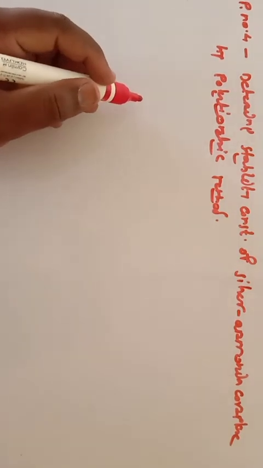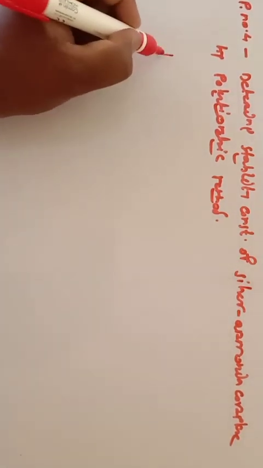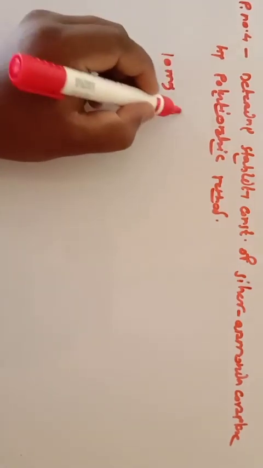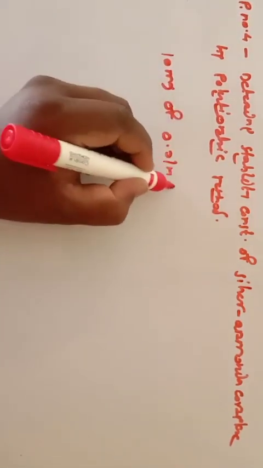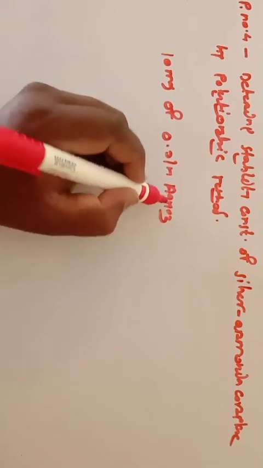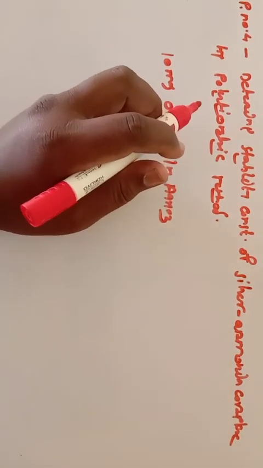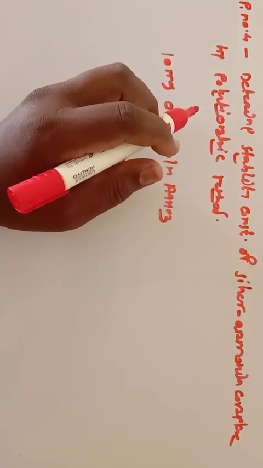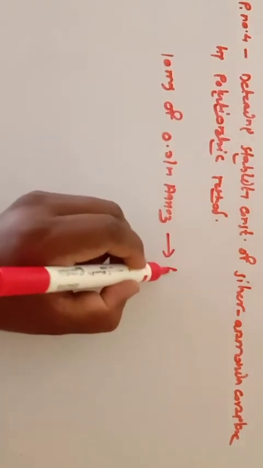If you consider solution 1, we take 10 ml of 0.01 normal AgNO3 solution, and excess ammonia is added to form the complex, and the solution is further diluted to 100 ml.